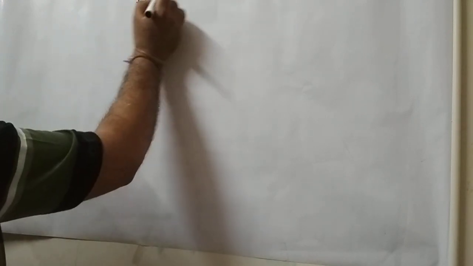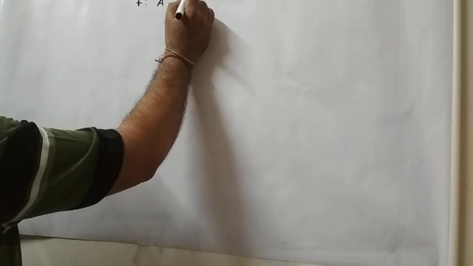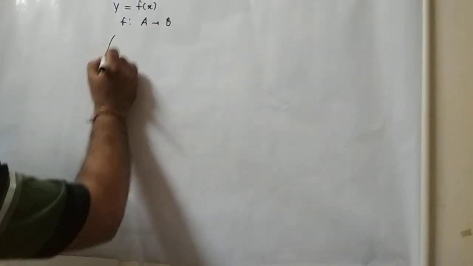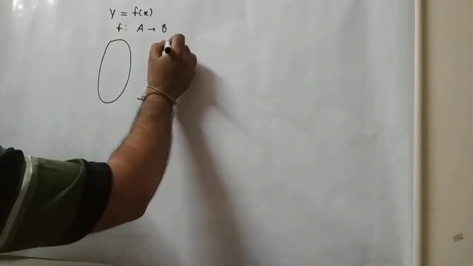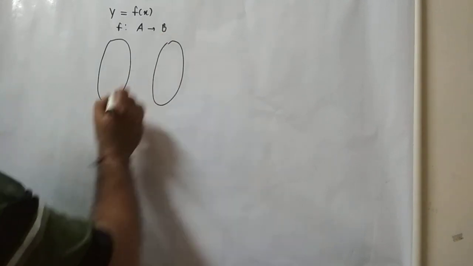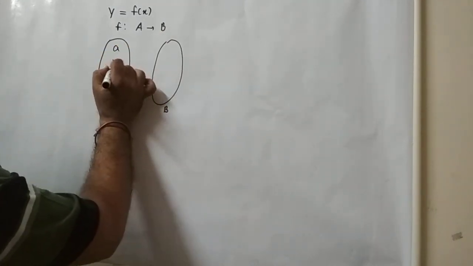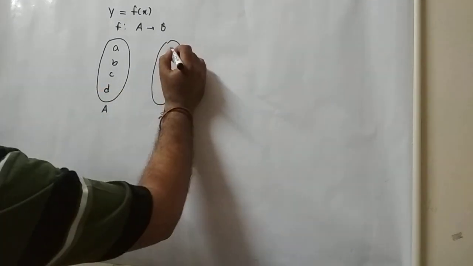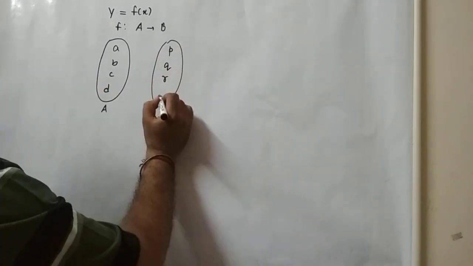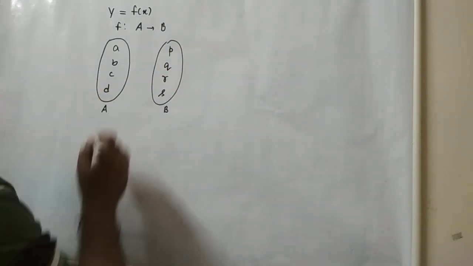where f is defined from set A to set B. So there are two sets A and B. Set A contains the elements a, b, c, d, and set B contains the elements p, q, r, s.